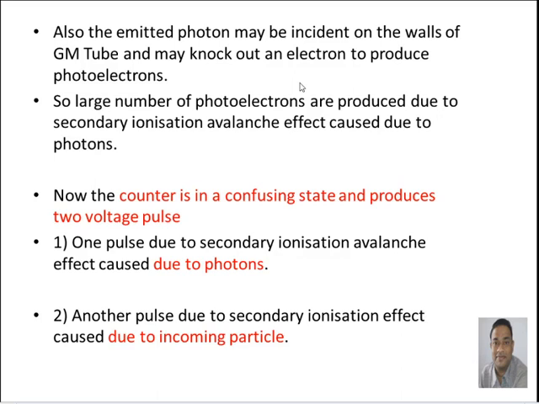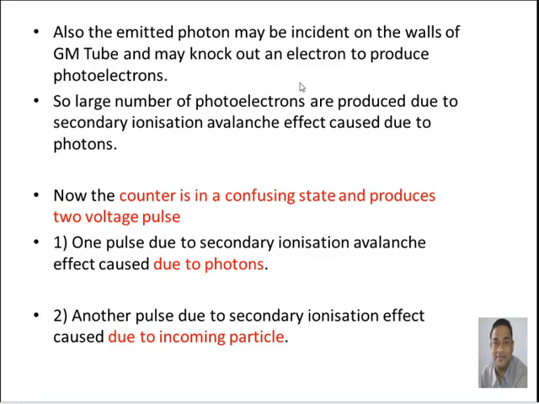Remember what is the photoelectric effect? That is emission of electrons from the surface of a metal when light energy is incident on it. So in this particular case, the photons are incident on the metallic wall surface and knock out the electrons. So these electrons are nothing but the photoelectrons.